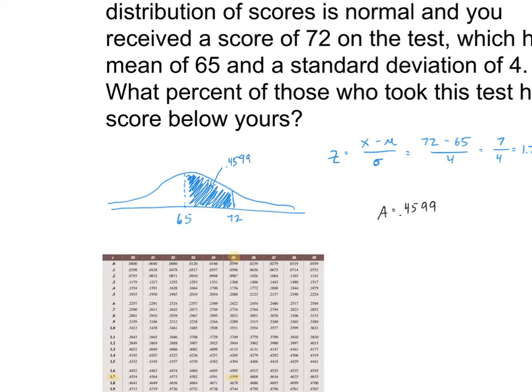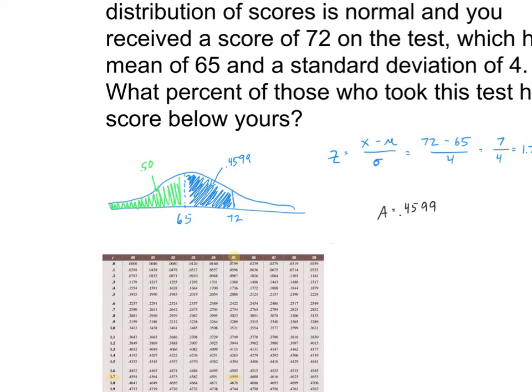That area is 0.4599. The question is, does that put me in the top 10% of all the test takers? The way that we answer that is to take all the stuff that's to the left of 65, and I don't need to look that up because I know that 65 is the mean, which is in the middle. So 50% of the test takers score below a 65 on this test, 0.50.